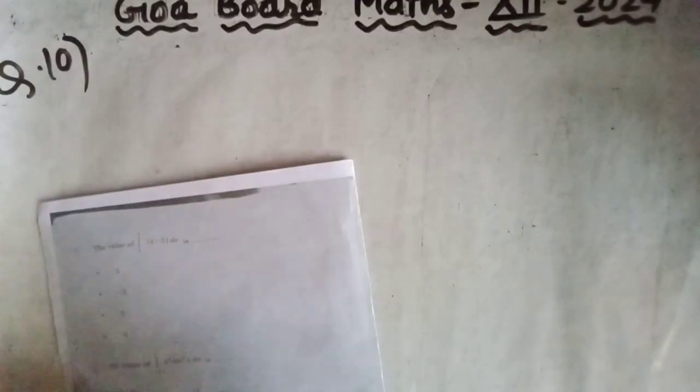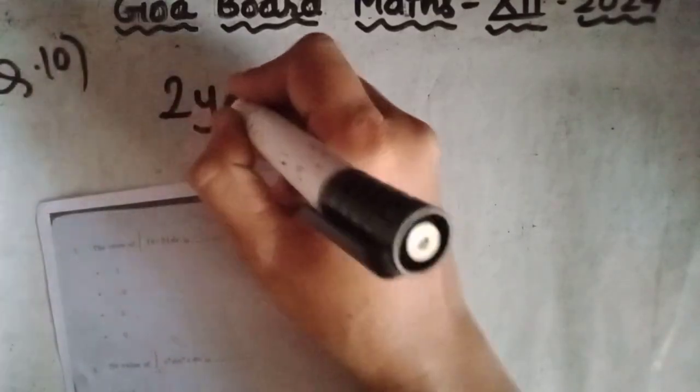Question number 10. Find the slope of the tangent to the curve, okay, 2y equal to 3 minus x cube at the point 1 comma 1. So slope of the tangent means you have to find the derivative.